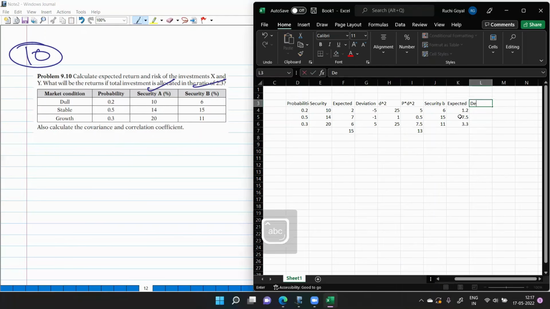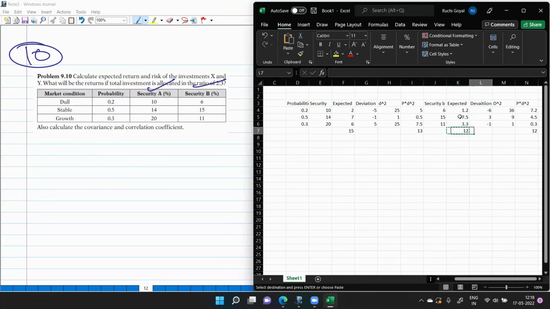Then again we will be finding deviation. How will I find the deviation? I am doing the sum. How did the deviation come? This minus 12. Then the square of the deviation, this into. So P into the square of the deviation, this into. I will just sum it up.